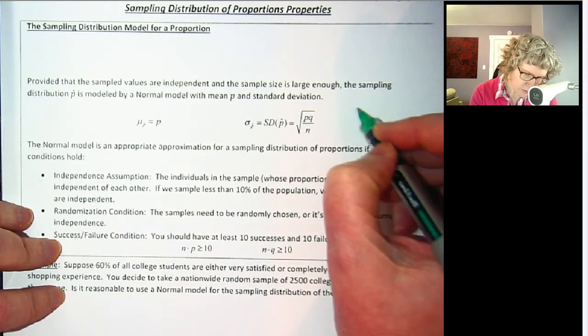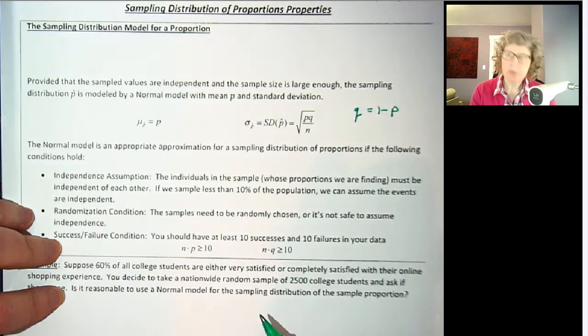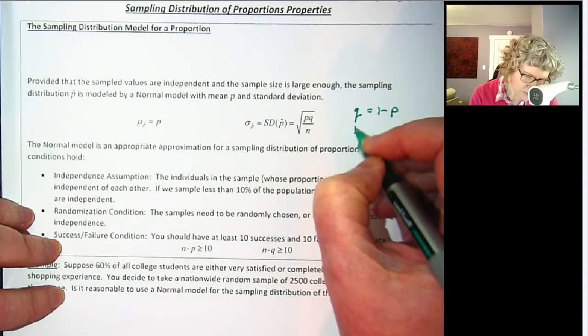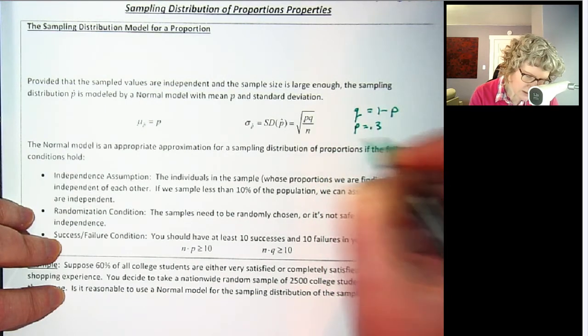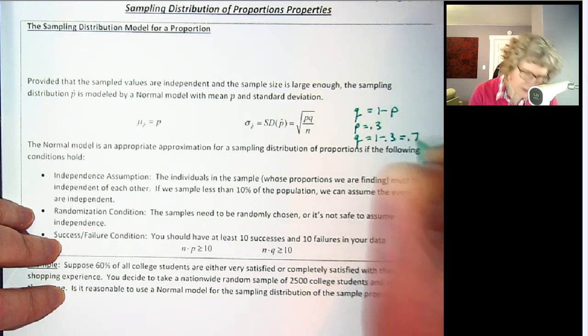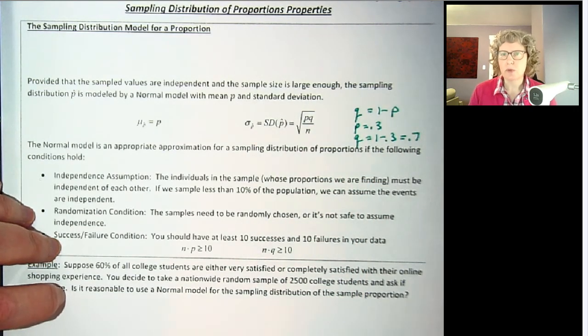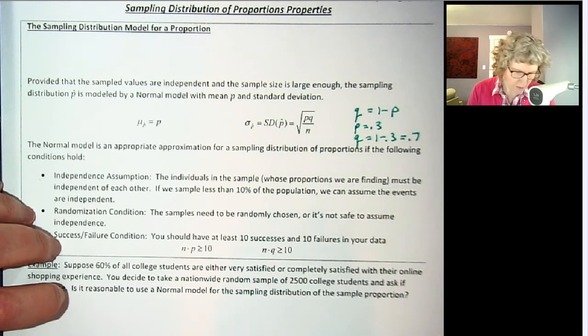Remember, q is the complement of p, 1 minus p. So if p equals 0.3, q is 1 minus 0.3, or 0.7. 60-40, 30-70, 20-80, those are all complements of each other.